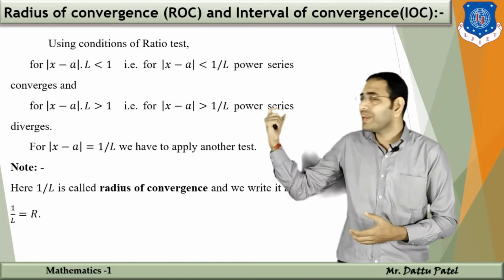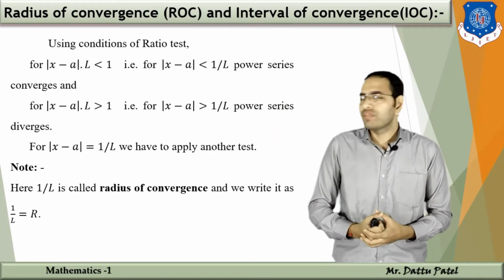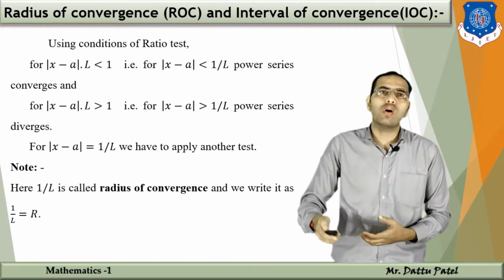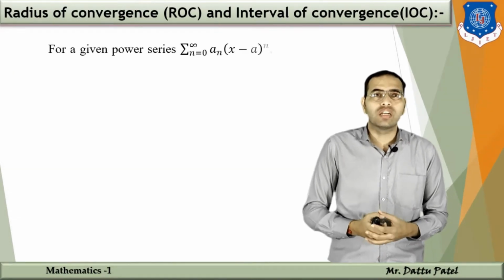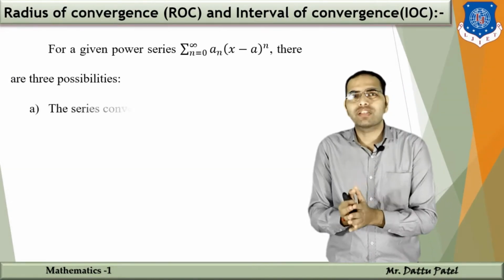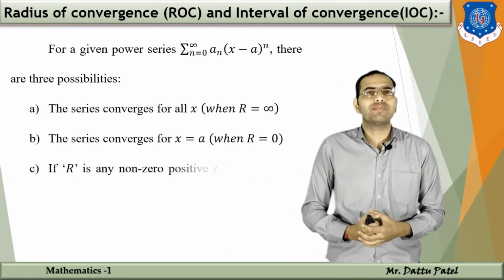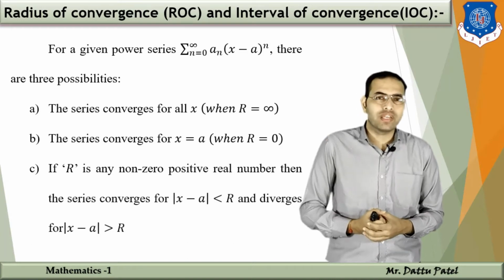Here 1 upon L is called the radius of convergence, which is written in the form 1 upon L equal to R. Now let's see, for a given power series summation n equal to 0 to infinity of a_n (x minus a) raised to n, there are basically three possibilities.